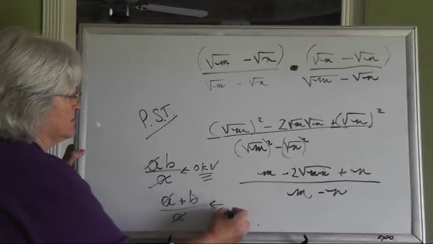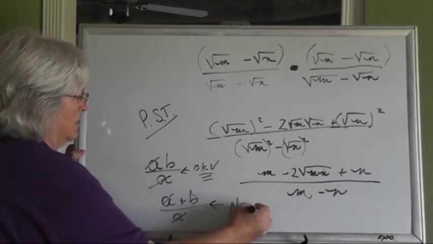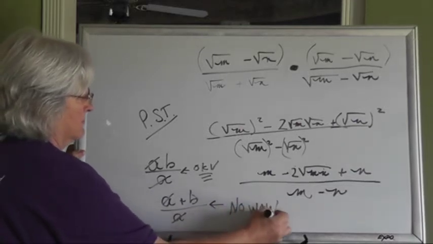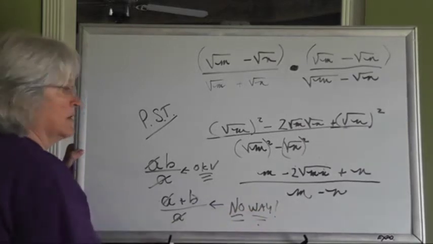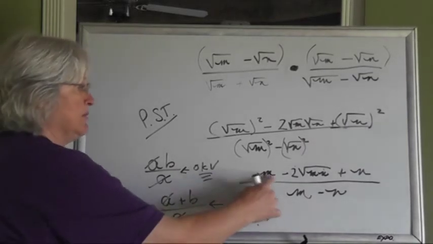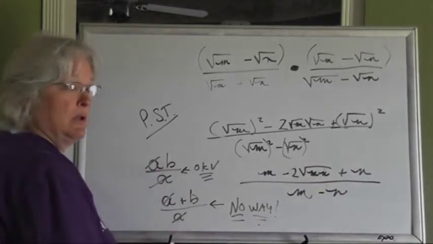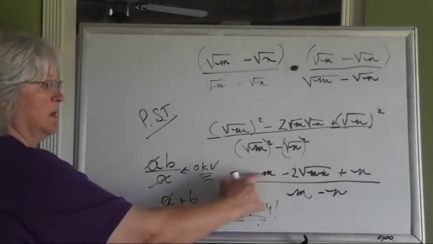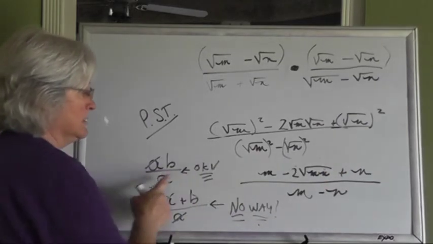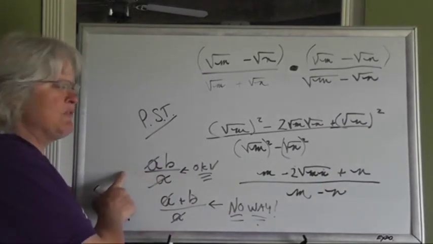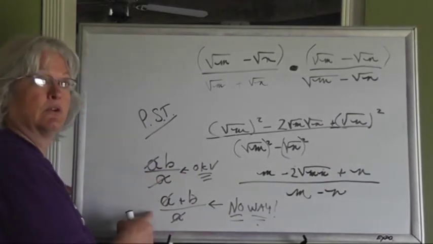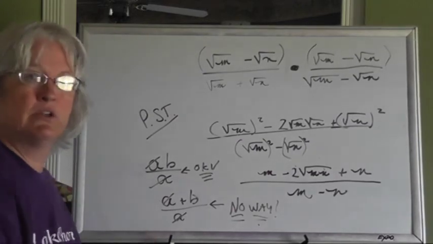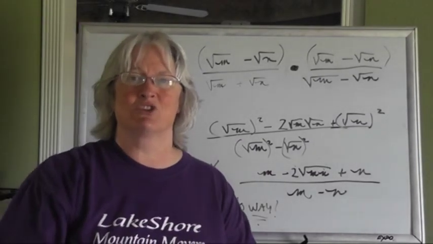This one right here says no way. What we have here is we have 3 terms in the numerator. We have 2 terms in the denominator. You can't cancel the m's or the n's because they're not common factors, they're terms. So that's really all that you need to be looking for with section 10.9.